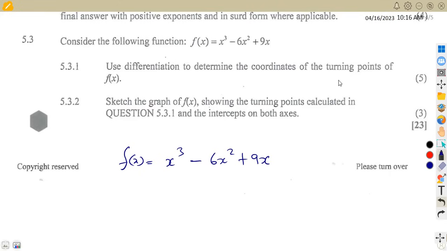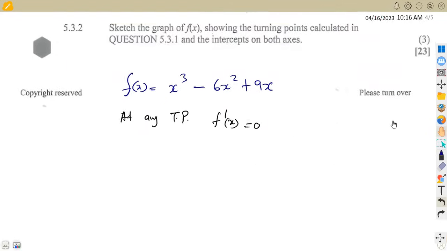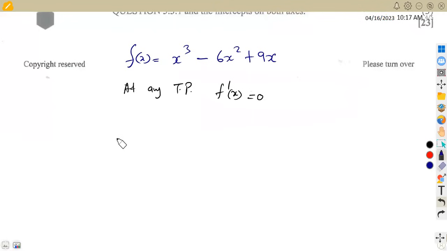Take note, we are to determine the coordinates of the turning points, where we know that at any turning point, the first derivative is supposed to be equal to 0. So we can use this to calculate these turning points. Let us find our first derivative, then equate to 0 and see what we're going to have.